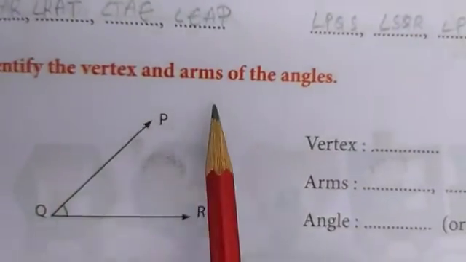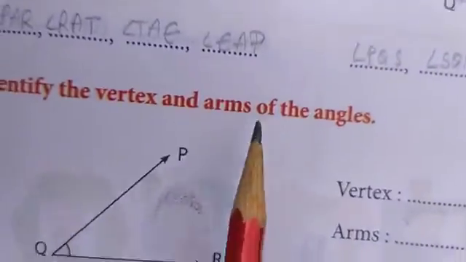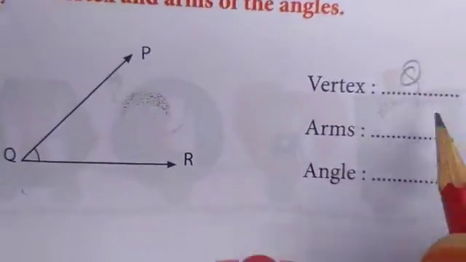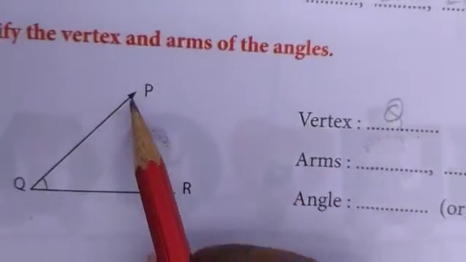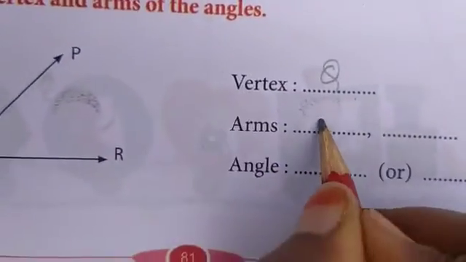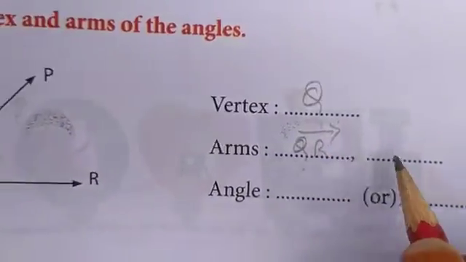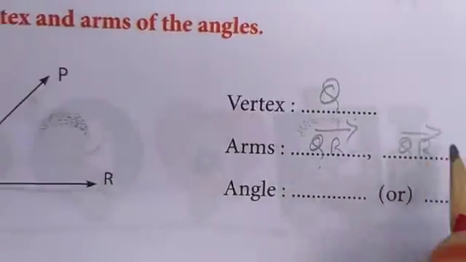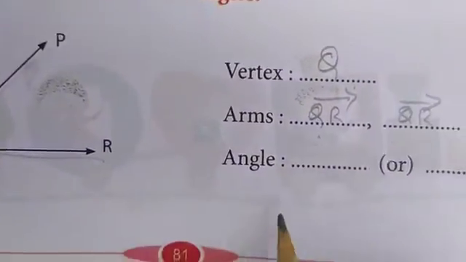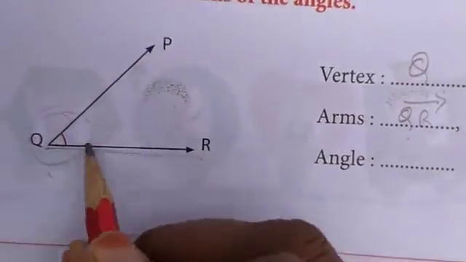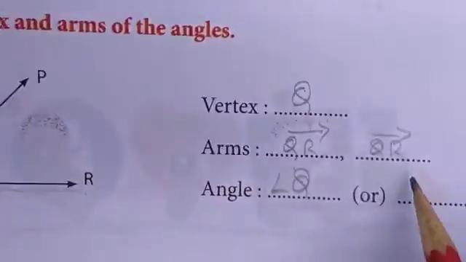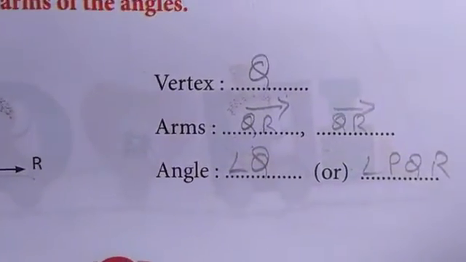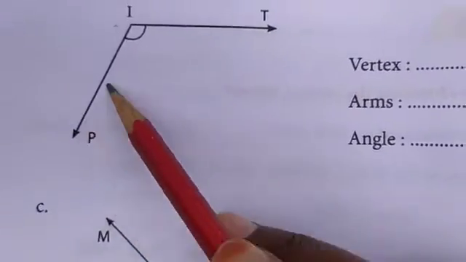Now identify the vertex and the arms of the angles. What is the vertex here? Q. And what are the arms? Ray QP and ray QR. What is the angle formed here? Angle Q or angle PQR. On the next page, what is the vertex?